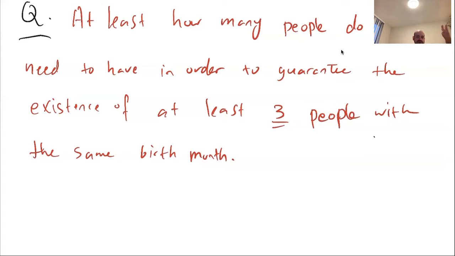So then once I put the name of the 25th person on that month, I will have at least 1 month with 3 people in it. So the answer, in order to have a guarantee of 3 people of the same birth month, is 25. So how can I generalize this as a rule?